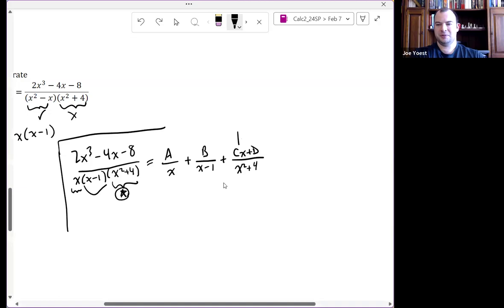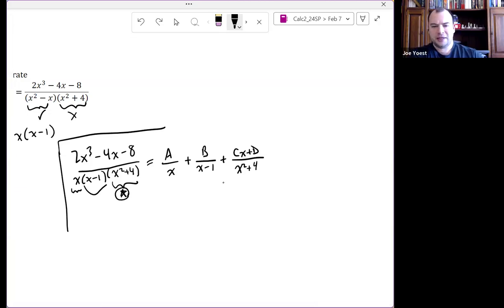Okay, so we did get that Cx up there. I can multiply through by my whole denominator over here. And then when I multiply through by x, the x's divide out, but I'm left with an (x minus 1)(x squared plus 4).